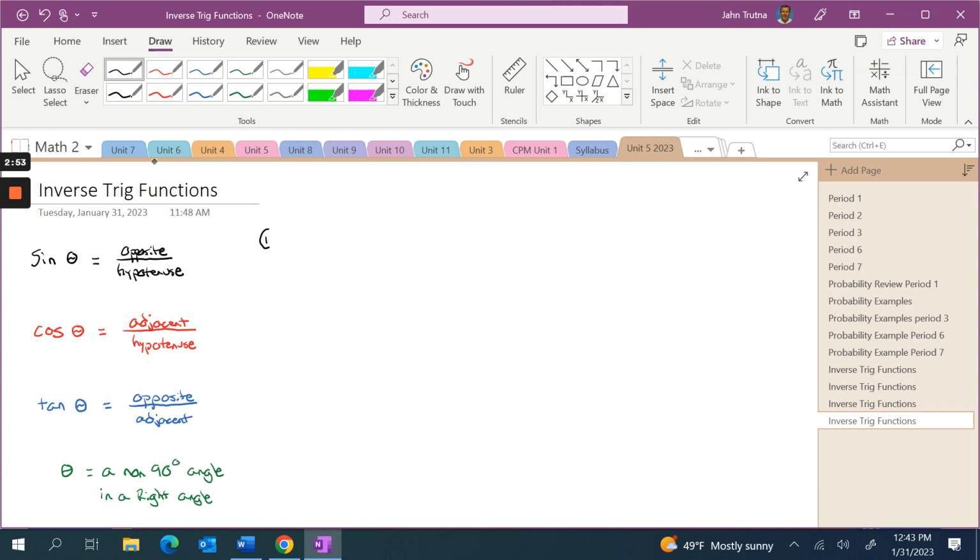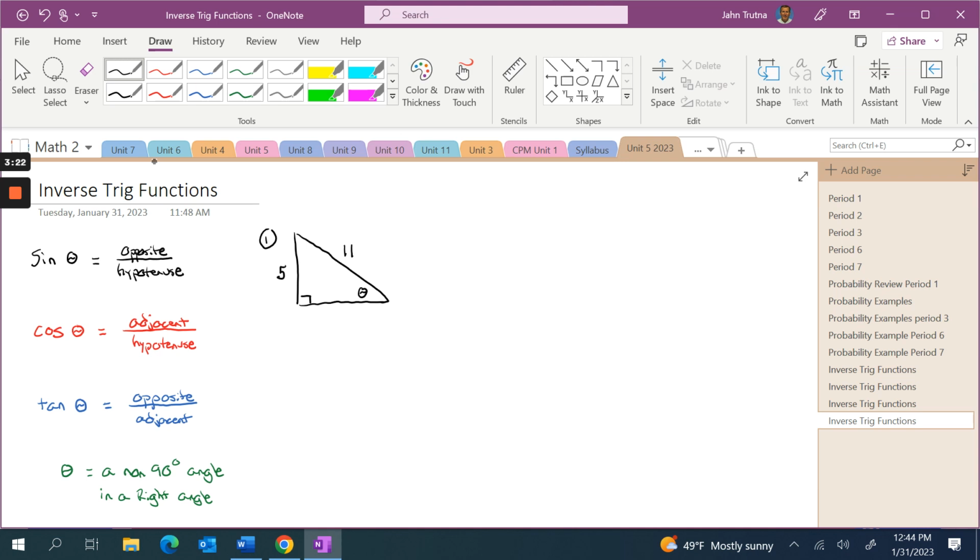Okay, so example number 1. Let's say that I have a right triangle, and in that right triangle, the vertical side has a length of 5, and the diagonal side has a length of 11. And then inside the right triangle, at this bottom right angle, you see the symbol theta.